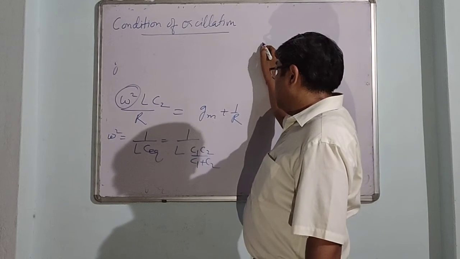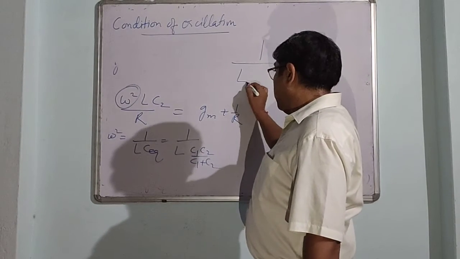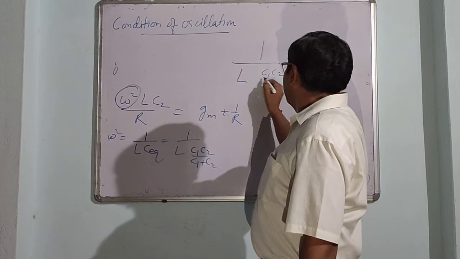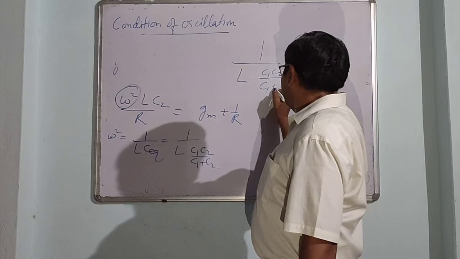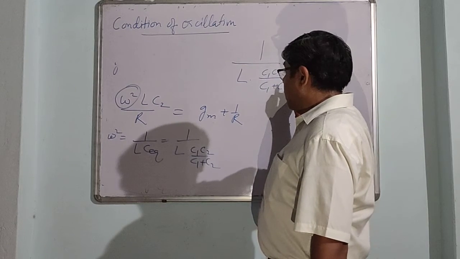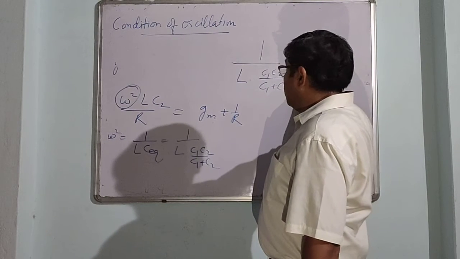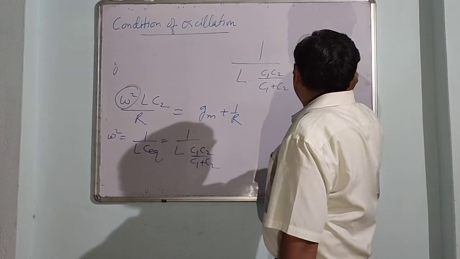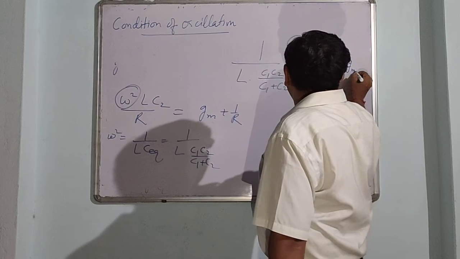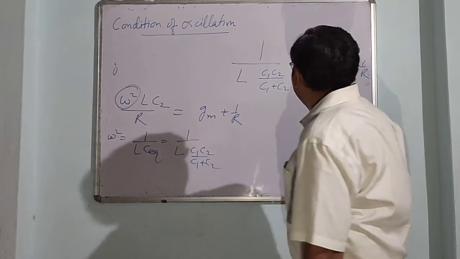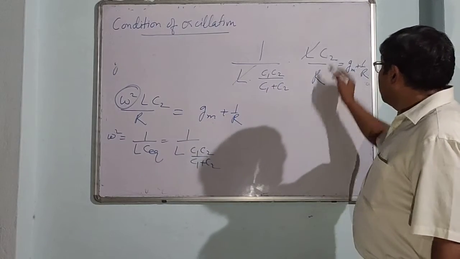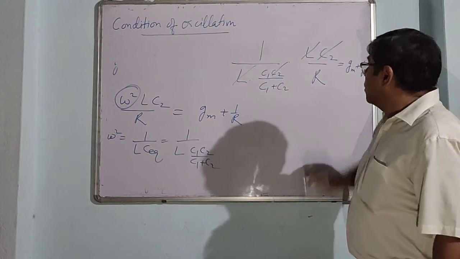Omega square means 1 upon L C equivalent, that is the series combination of C1 and C2, into Lc2 upon R. This is equal to Gm plus 1 upon R. This is cancelled out. C2 is cancelled out.